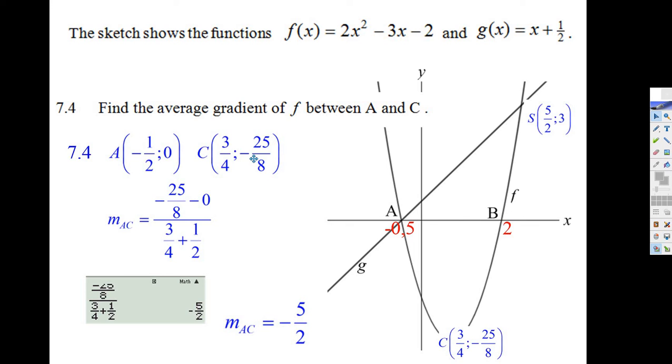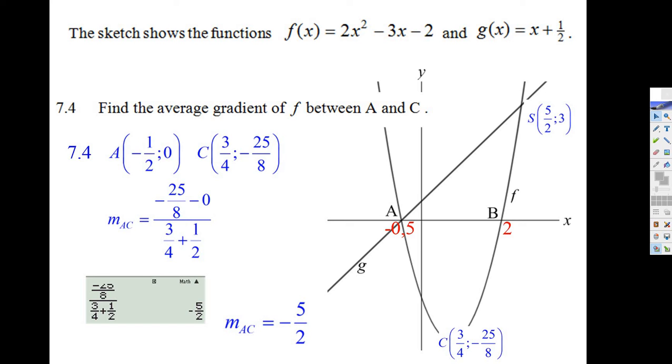Well, to find the gradient, all you do is subtract the two y values, minus 25/8 minus 0, over the two x values, 3/4 minus minus 1/2, that turns into plus 1/2. Just put that in your calculator. And my calculator says that the gradient is minus 5/2. I just did the gradient formula, and I typed it into my calculator, and I got minus 5/2.